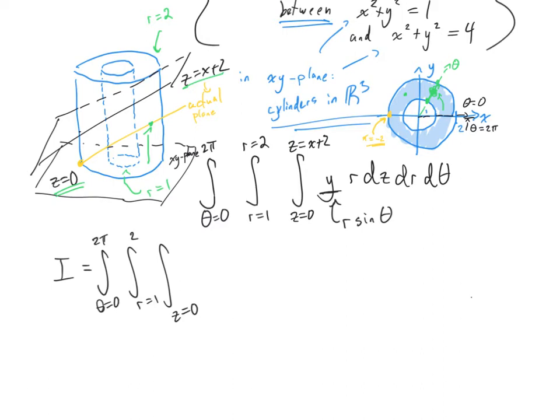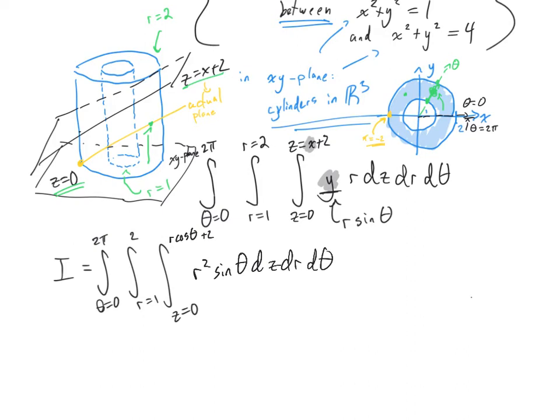Oh, and then I realize that x is also an issue, so let's highlight our issues over here. That x should definitely become r cosine theta plus 2. Okay, that's fine. And my integrand is now r squared sine theta dz dr d theta.